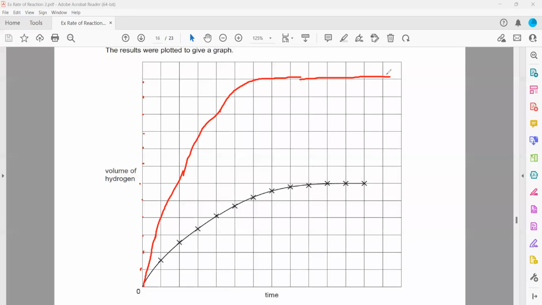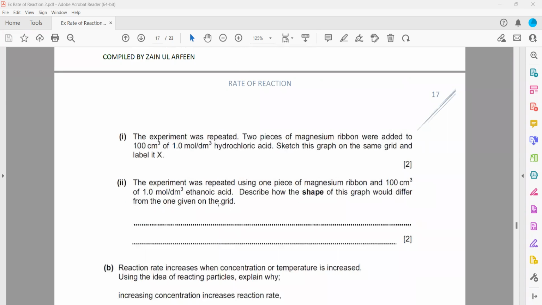So this is how I should complete it. If I'm using 2 pieces of magnesium, 1 piece was giving, say, 6 boxes of volume of hydrogen on the y-axis. So 2 pieces will give double. If 3 pieces, 18, 4 pieces, 24. So it should be double volume and steeper.